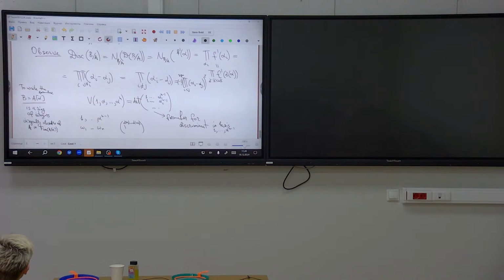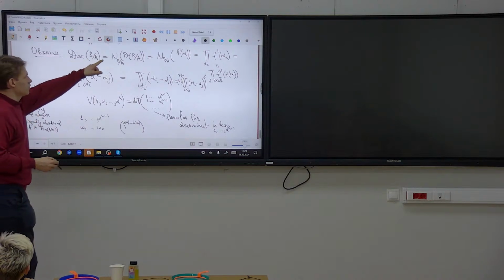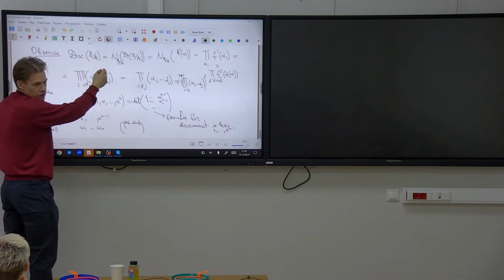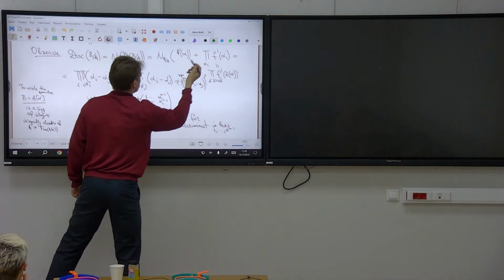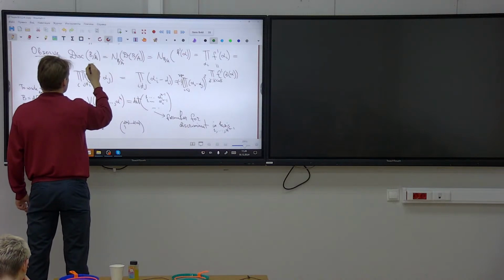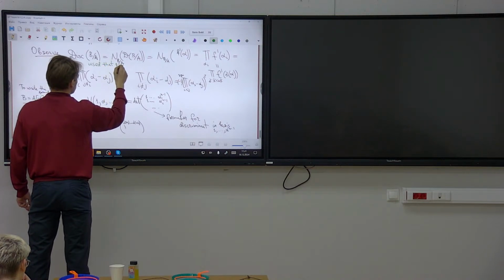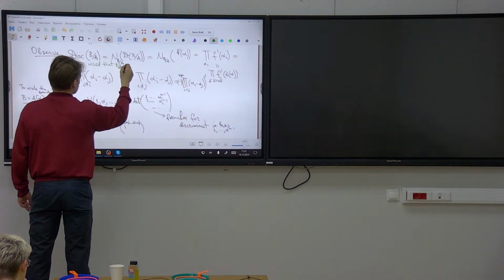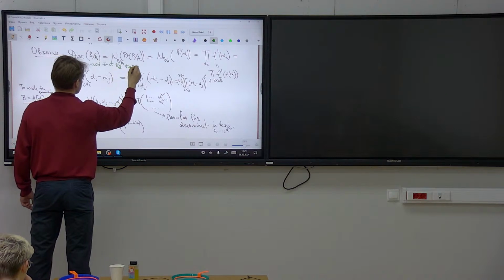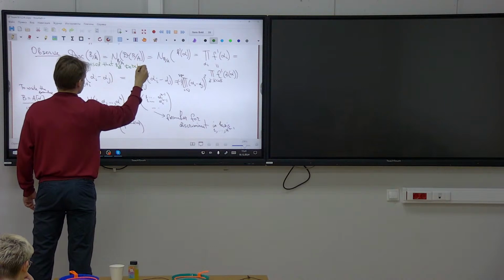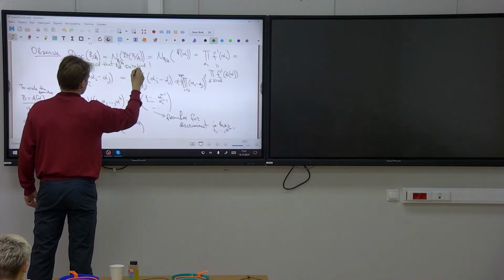Of course, during this calculation we didn't use the property of being Dedekind. But in order to write down the norm and this equality, we used that B is a Dedekind ring.